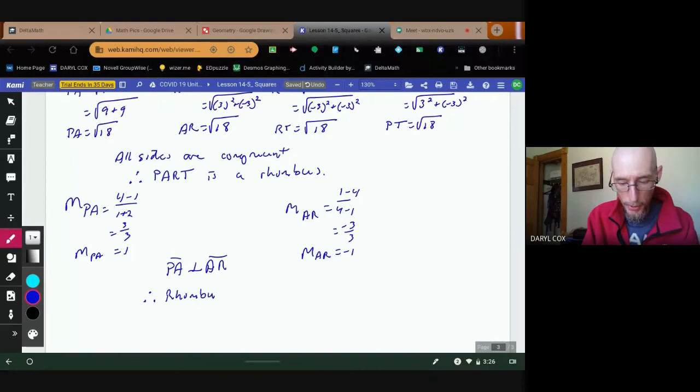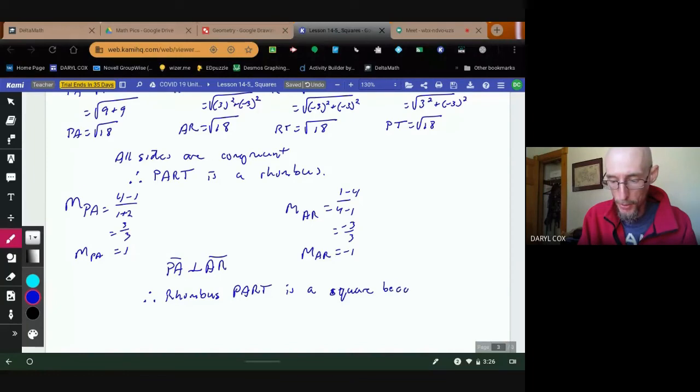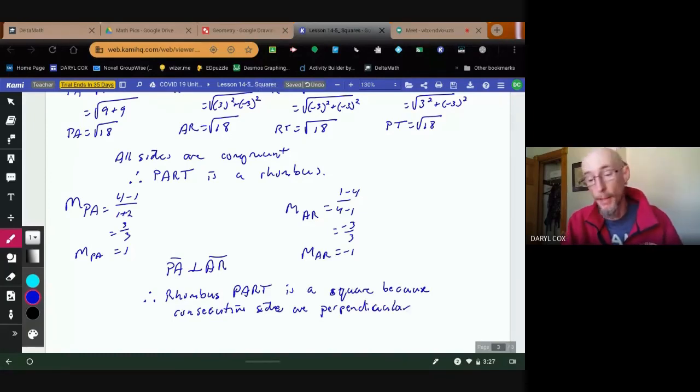Rhombus PART is a rectangle, or I'm sorry, is a square because consecutive sides are perpendicular. Okay, that makes it a square.